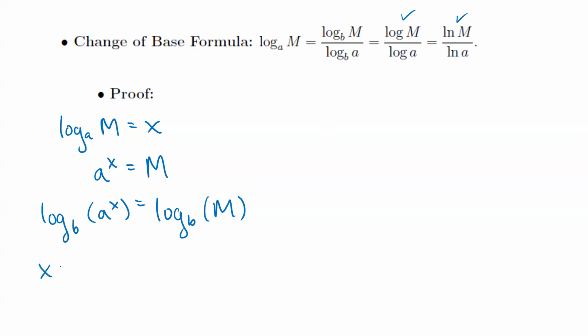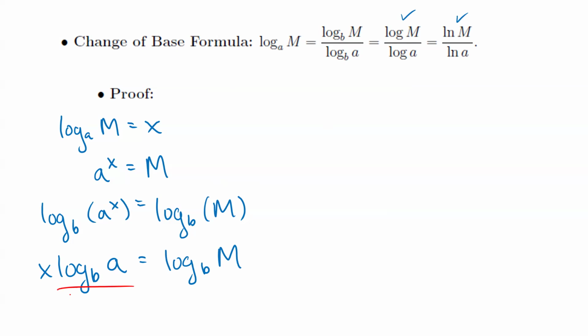I can bring that x down in front through the power property. And then this might seem a little awkward, but the log base b of a is just a number, right? It's just a number. So go ahead and divide by it.